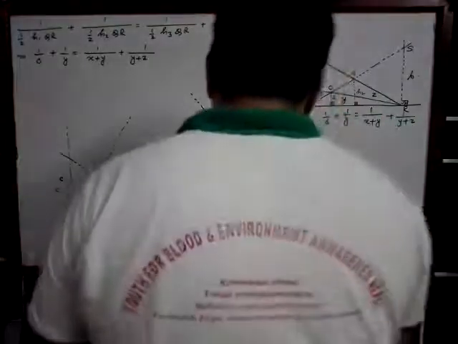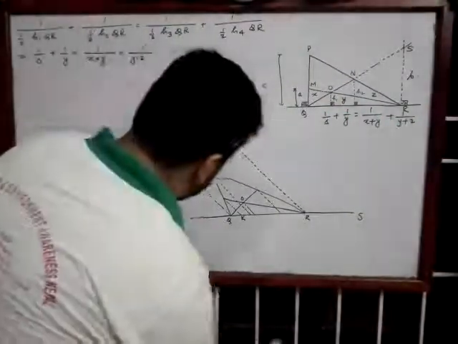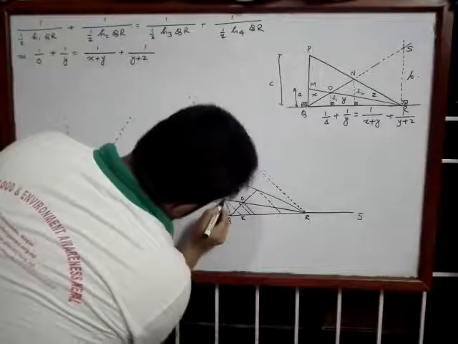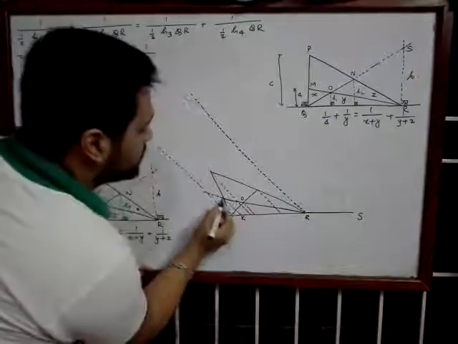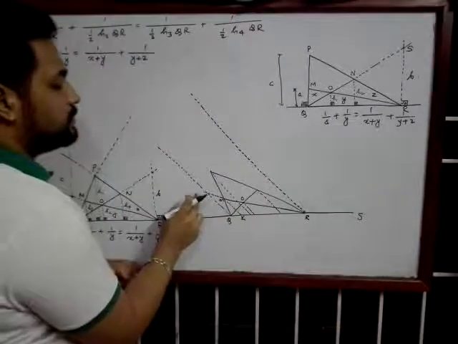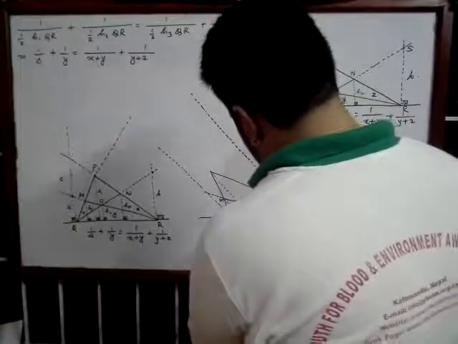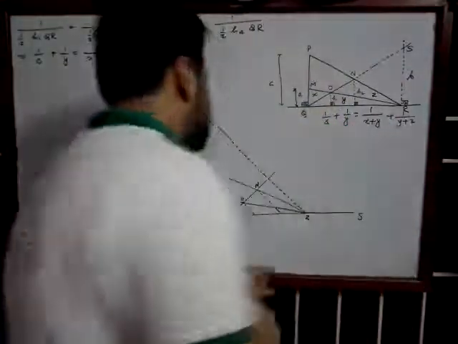Rest of the things are the same. Produce this Sevian RM to meet this line, and this Sevian QN to meet this line as shown.